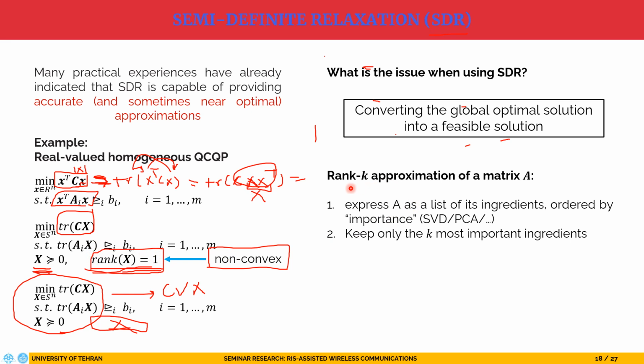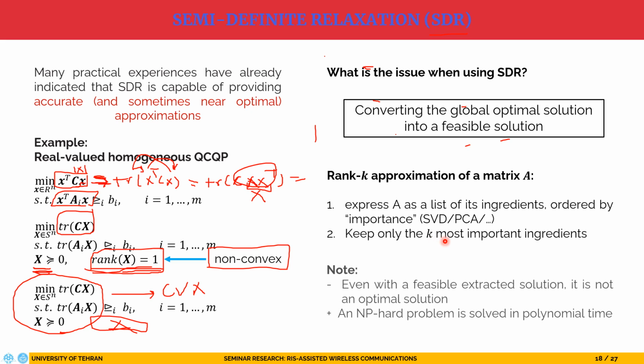For that, we have, for example, the rank K approximation of a matrix A. Express A as a list of its ingredients ordered by importance by some techniques like SVD or PCA, and then keep only the K most important ingredients. In this case, where rank X equals 1, we should keep only the most important ingredient, okay?